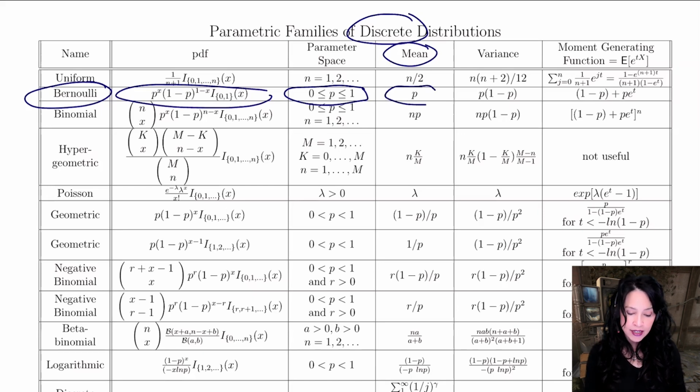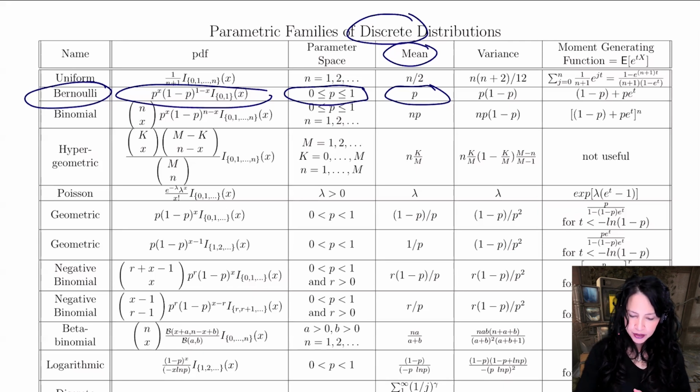And you see the p right there. You will have this table of distributions on all exams for this class. I think you're going to end up knowing all these anyway, because we're going to work with all of these so much, but don't worry, you're going to have these tables with you for the midterms and the final.